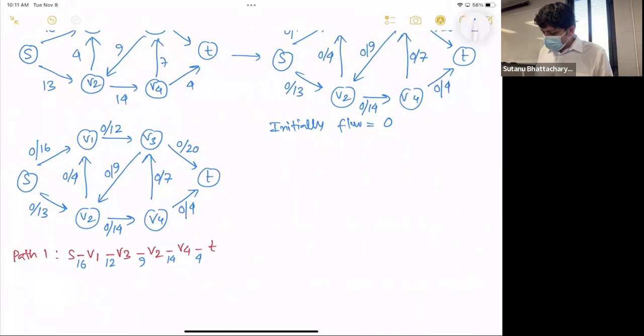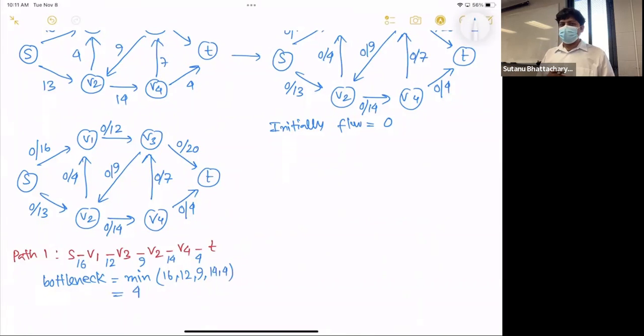The bottleneck of this path would be the minimum of 16, 12, 9, 14, 4. So that is 4. So we need to track this bottleneck. So currently after choosing path 1, my max flow becomes 4. Previously it was 0. We have just started. It becomes 4. Clear so far?